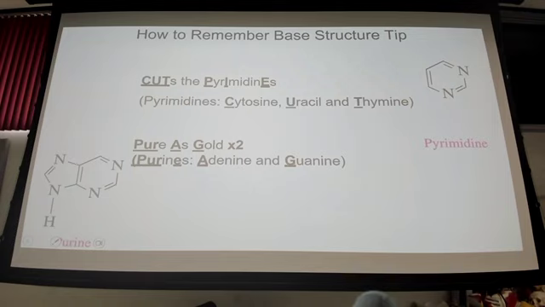Pyrimidines are one ring and they contain cytosine, thymine, and uracil. Uracil is found in what? RNA. "Pure as gold" for the purines: purines are the two-ring structures, adenine and guanine. That makes sense.